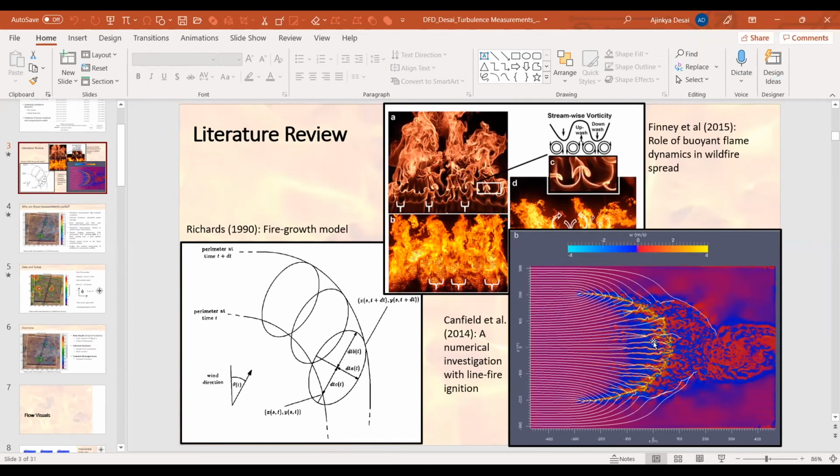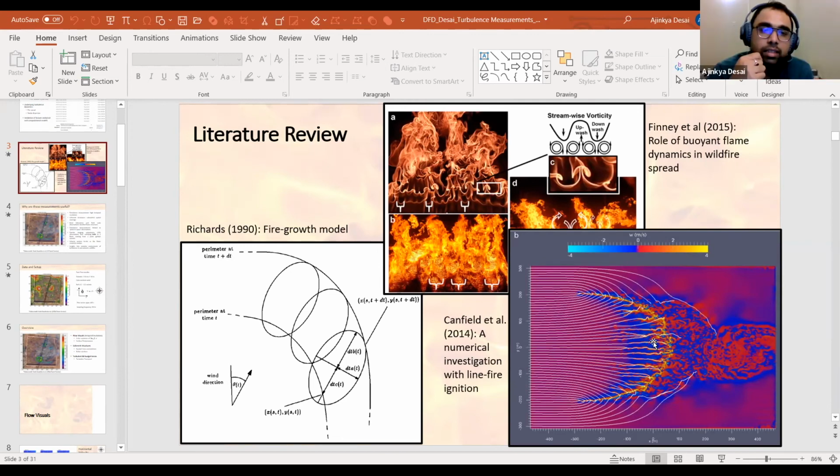Let's say the local flow behavior changes, but these kinked vortex tubes or the fixed points in the fire pockets, are they robust? Did they do multiple experiments to find some sort of uncertainty, or is it just a single field experiment?